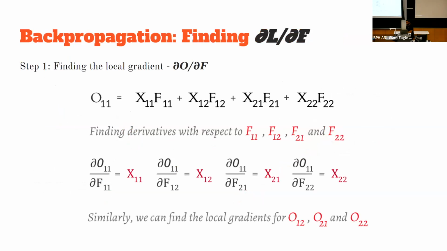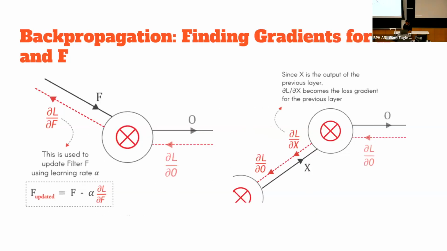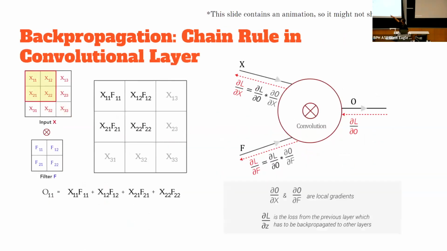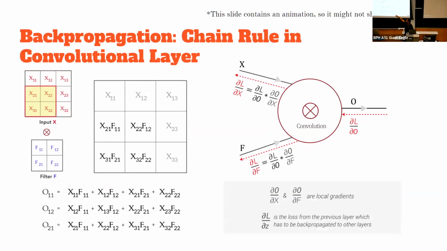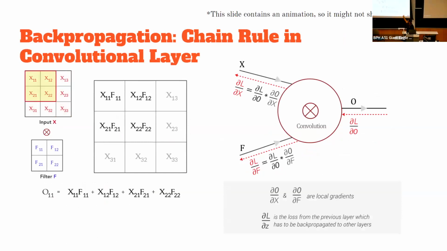So let's look at how we can find the derivative of the loss with respect to f. This is used to update the weights of the filter that we have. If you look at these equations, if I place the filter on the top left corner, I have O11, which is X11, F11, plus X12, F12, X21, F21, and X22, F22, and so on, as you can see in the equation.